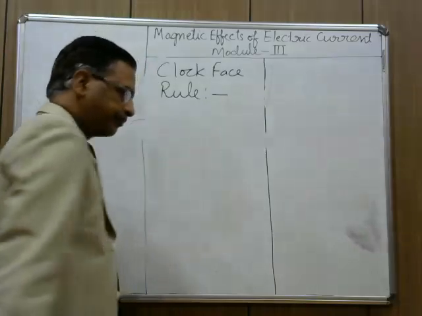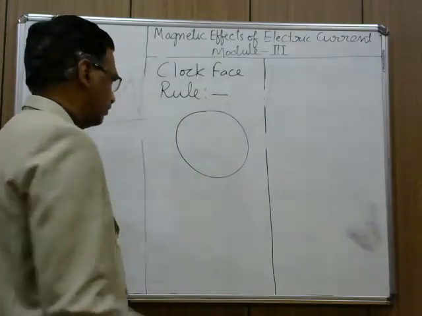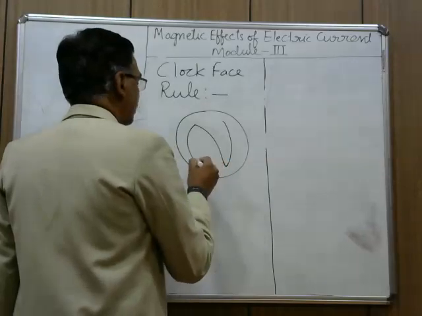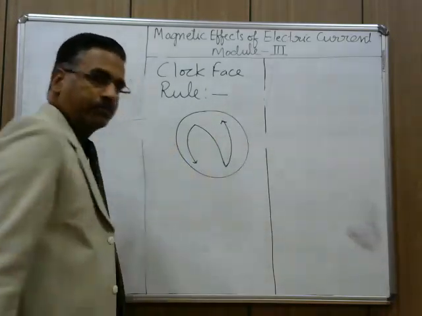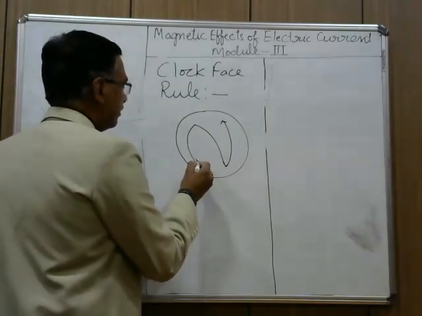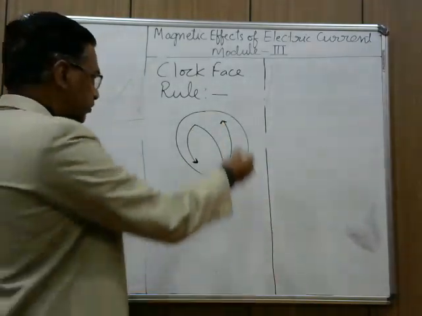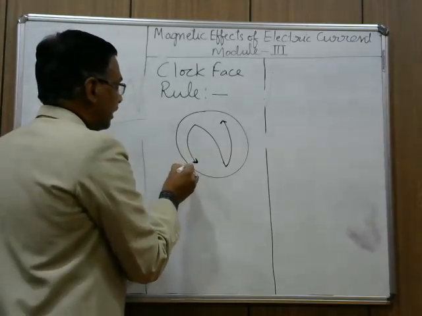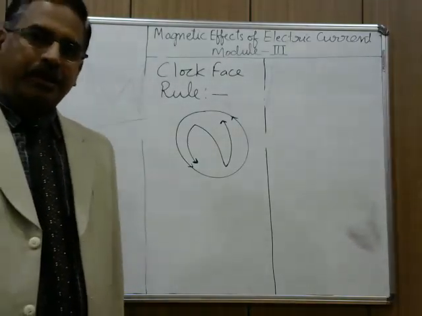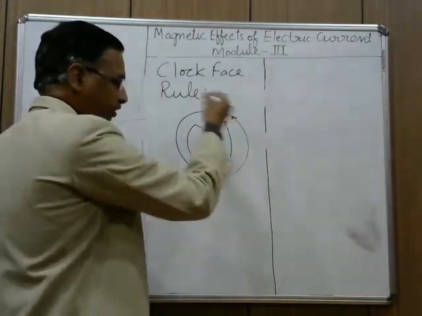See, this is a circular coil. This is N for north. North pole. Now at the end, you can see I have kept the arrow. In the circular loop, accordingly you put the arrow in the same direction as I have kept at the end of the letter N. Now you see, the direction of current in the loop is anti-clockwise.